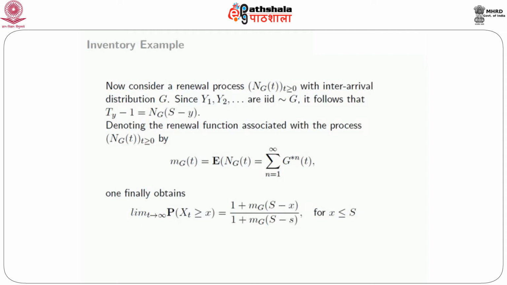So the most important thing here is this understanding that with this new renewal process N_G, for any y, T_y minus 1 is N_G of S minus y, where N_G is this renewal process whose interarrival distribution is G. So successive demands Y1, Y2, and so on are the interarrivals. So that's how we get this result.